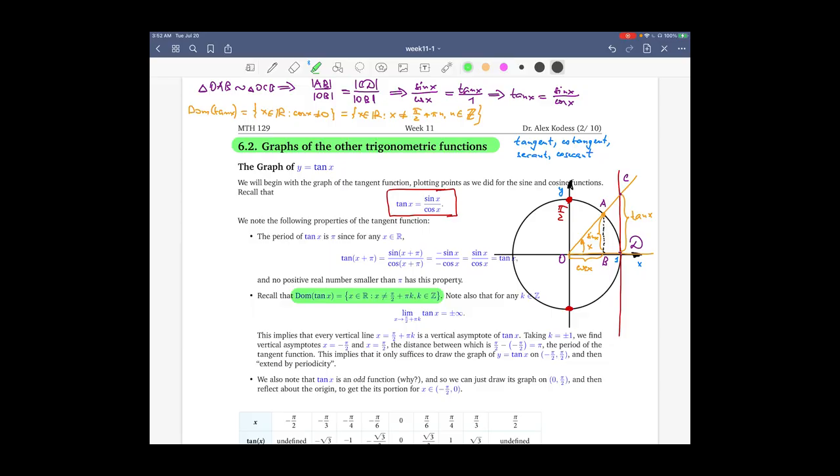Something else here is true, which we will use. It's interesting to see what happens when x is close to numbers of this kind. Tangent is sine over cosine, and when the argument of tangent x is close either to this point on the unit circle or to this point on the unit circle, the numerator of this fraction, sine, is close to either positive 1 or negative 1.